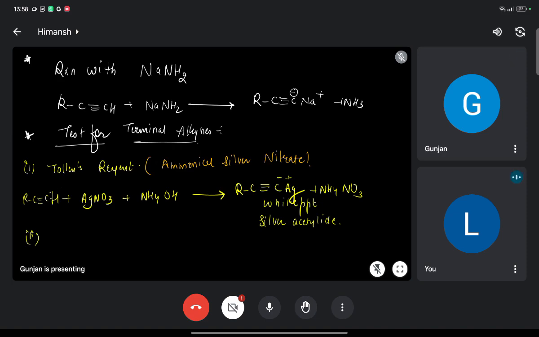Yes, ma'am. Now the next is with ammoniacal cuprous chloride. Here a red precipitate is formed.